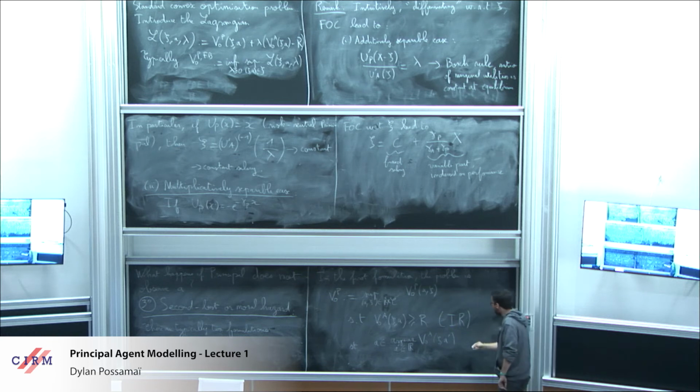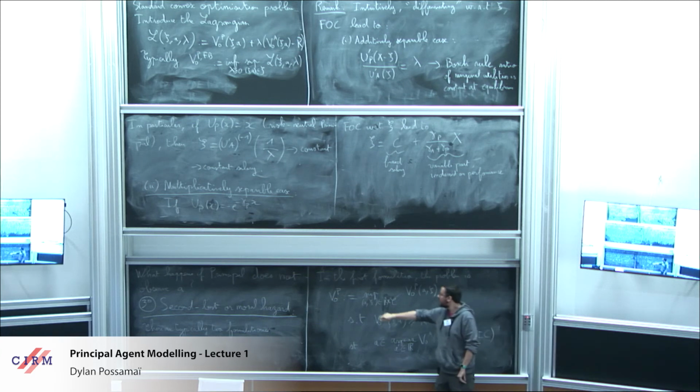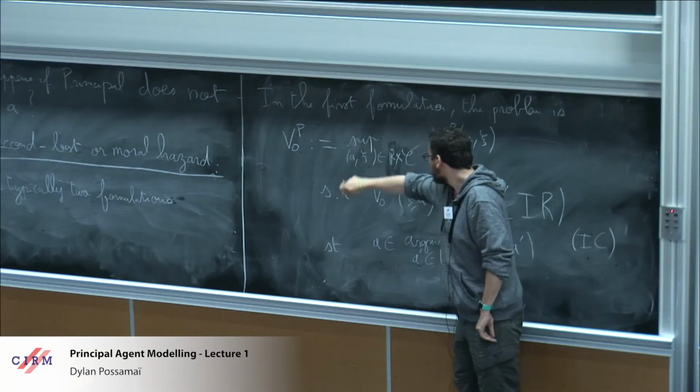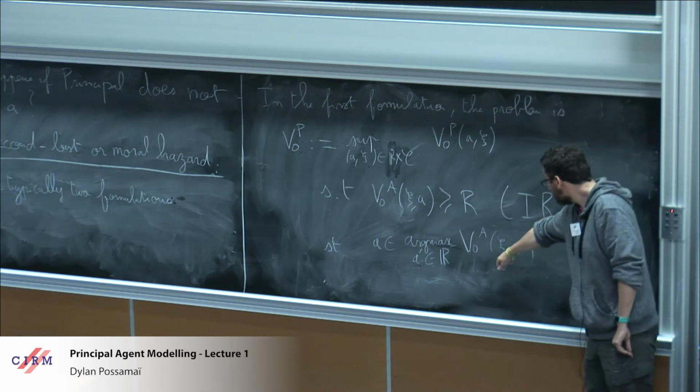So this is an additional constraint. That's called IC for incentive compatibility. And it's just saying that, yes, the principal is allowed to maximize over efforts, but given a contract psi, the only ones he is allowed to consider are the ones which are maximizers for the utility of the agent for that given contract.